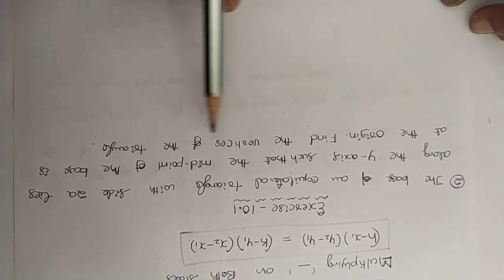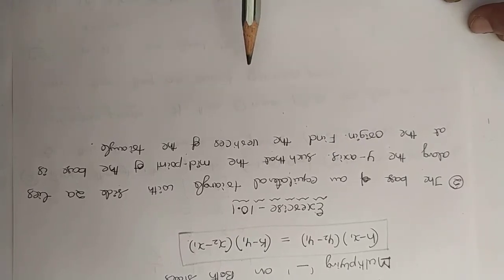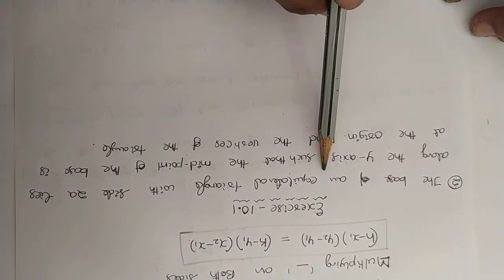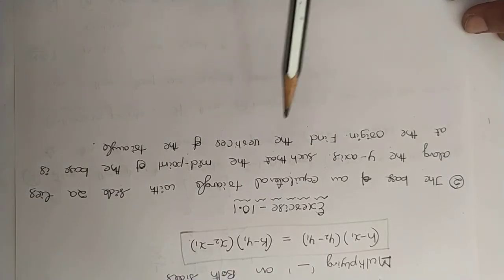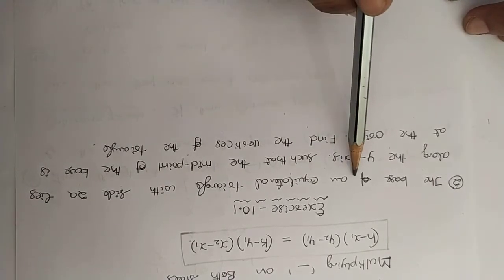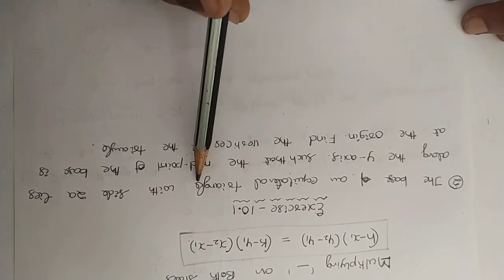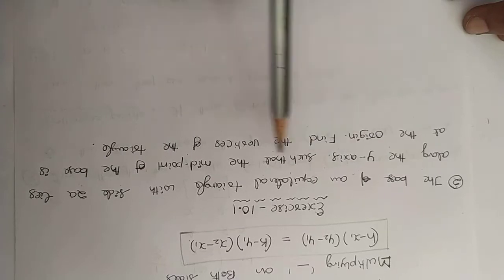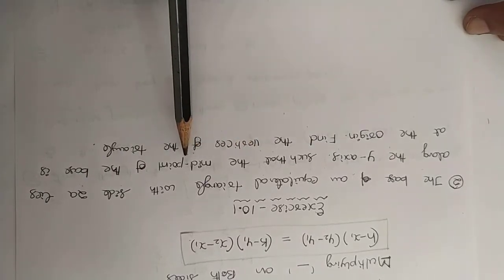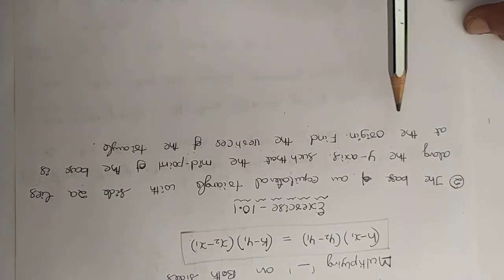Find the vertices of the triangle. By using this, we have to find the vertices of a triangle. For finding the vertices, what is given? The base of an equilateral triangle with side 2a lies along the y-axis such that the midpoint of the base is at the origin.